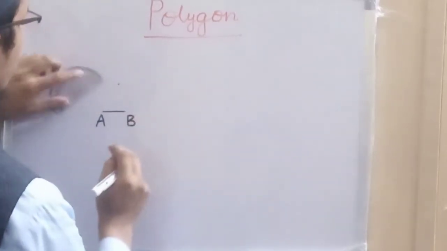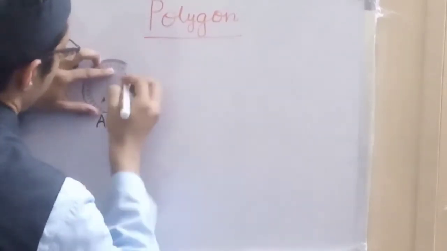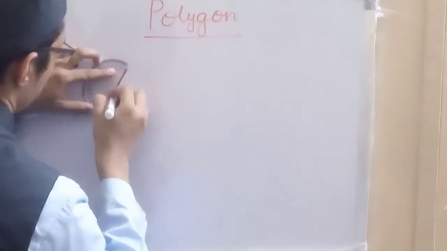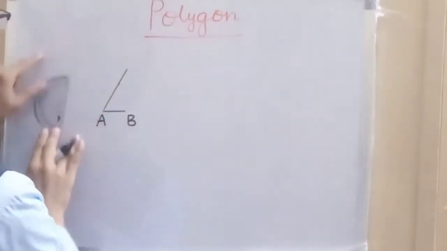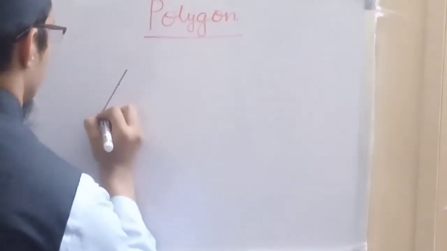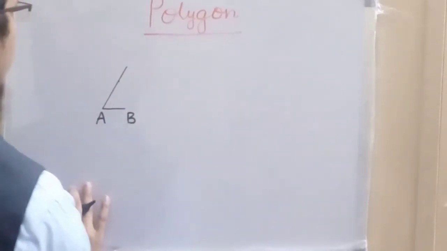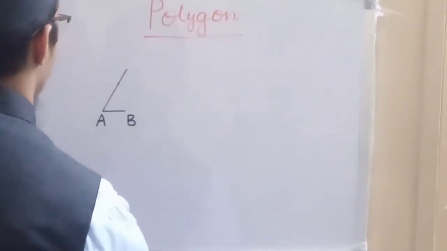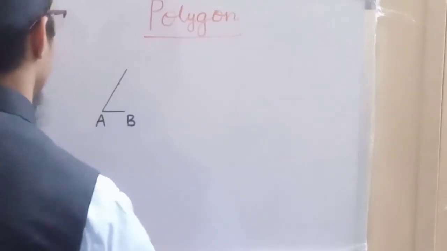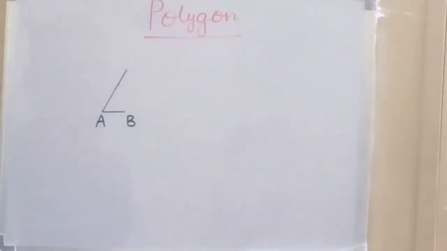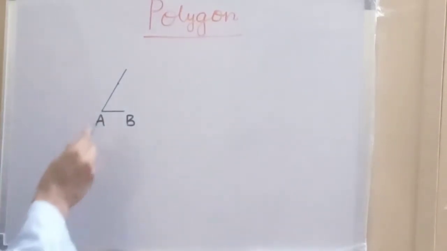Draw a line in this way. After this, take a compass and mark an arc equal to side AB.